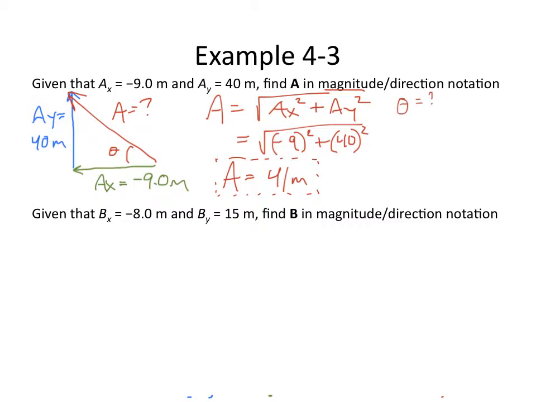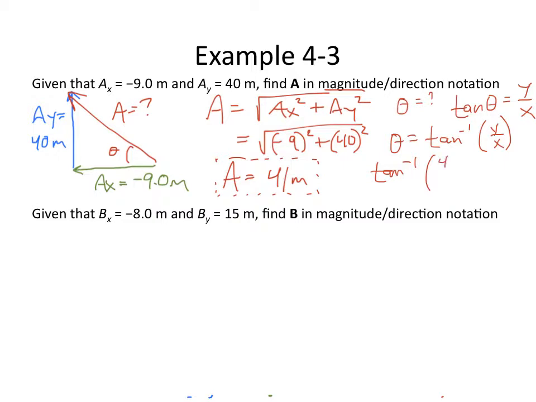Well, we take the inverse tangent. If the tangent of theta equals the y over the x value, that means that theta is going to be the inverse tangent of y over x. So the inverse tangent, tan to the negative 1, of what's our y?